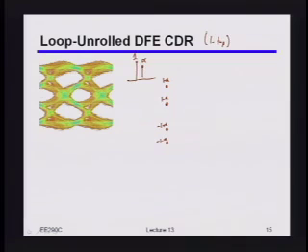Well, since I'm interested in what this does to the CDR, what I need to do now is think about what's going to happen when I have two consecutive data bits. In particular, what happens when those two bits are different from each other, when I actually have transitions? Because only when I have transitions do I really get timing information.